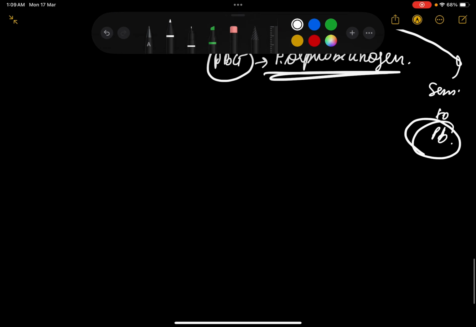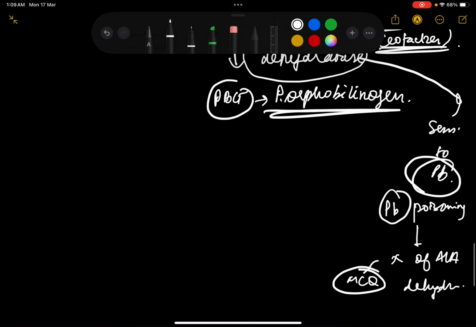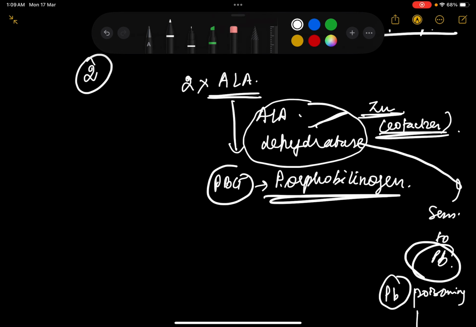Hence in lead poisoning, there is inhibition of dehydratase. This is an MCQ point, that lead poisoning leads to the inactivation of the enzyme ALA dehydratase. Why? Because it replaces zinc, and this is responsible for anemia.